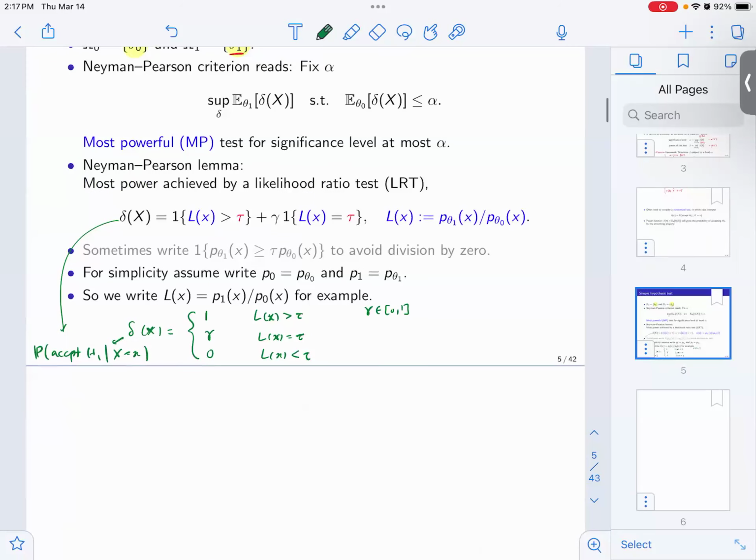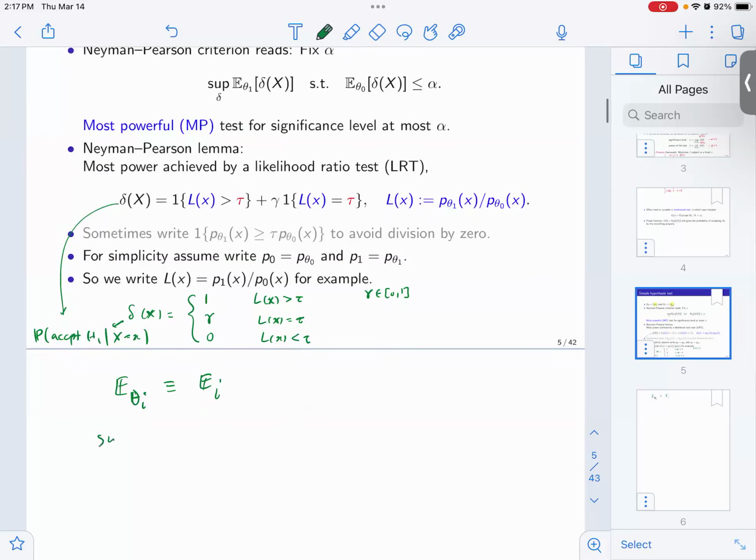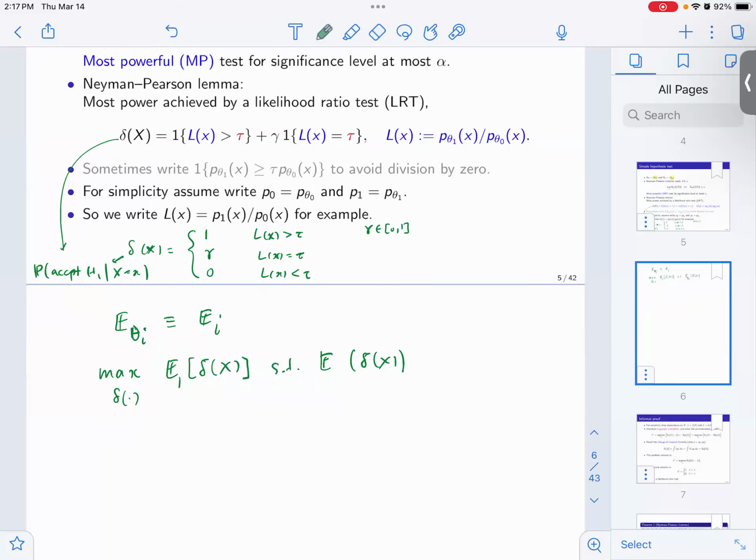For simplicity, instead of writing theta i, I'm going to write Ei. So the problem is the supremum, or let's say maximum, over all decision rules delta of the expectation under 1 of delta(x), that's the power, subject to the expectation under the null, let's say E0, of delta(x).